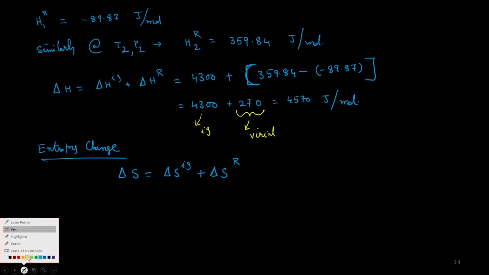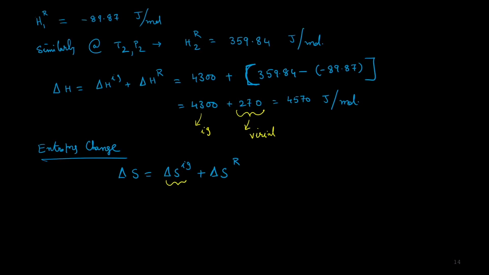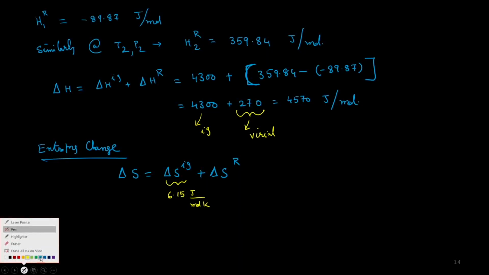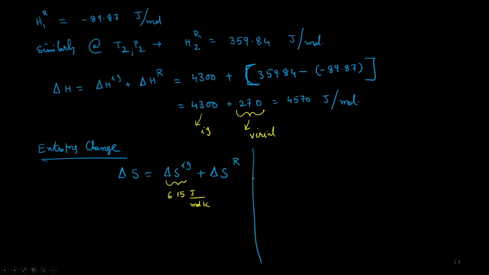And remember, we have calculated delta S for the ideal gas already earlier, and that value is 6.15 joule per mole Kelvin. What I have left is to calculate delta SR, right? And I will calculate delta SR by calculating the residual properties at the first and the second conditions.